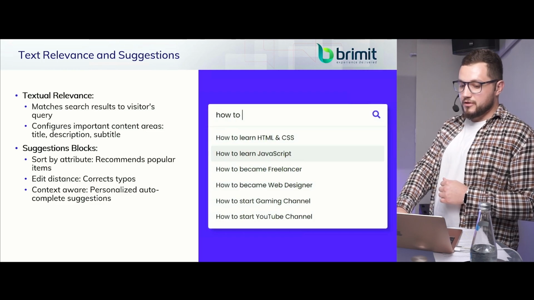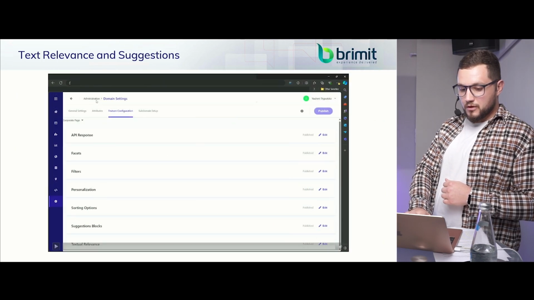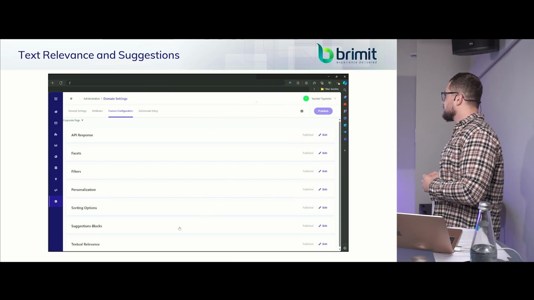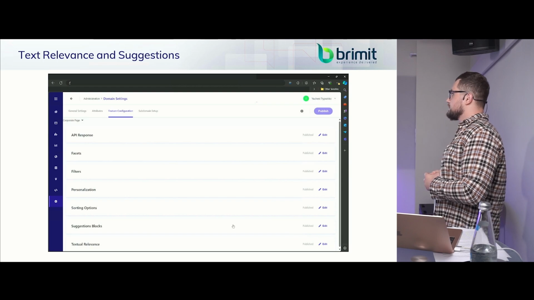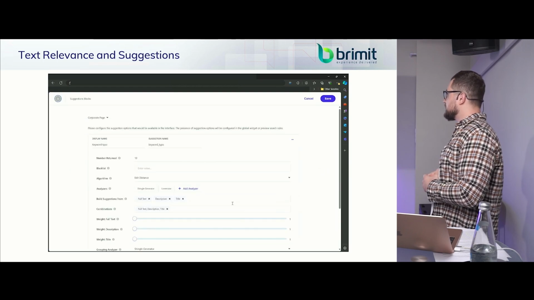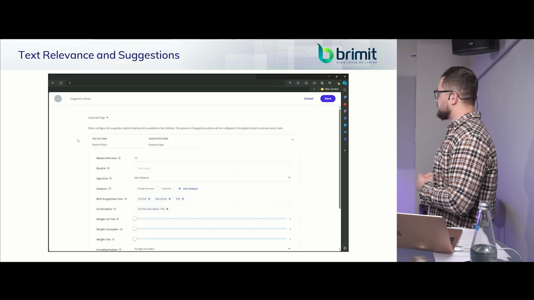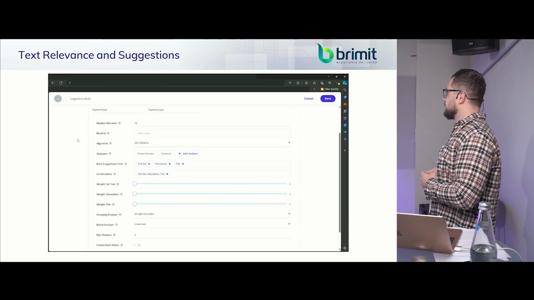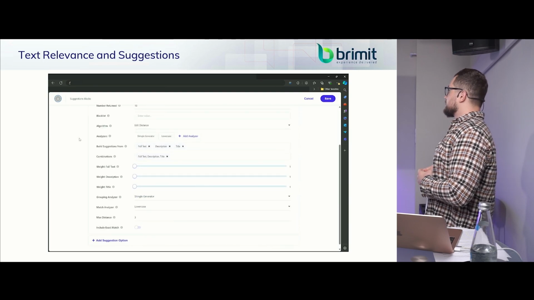Also, from my experience, on this slide you can see how the setup looks. Text relevance setup is pretty easy, but suggestion blocks have a lot of options. And for setting this up, of course, you need to know Sitecore Search analyzers.